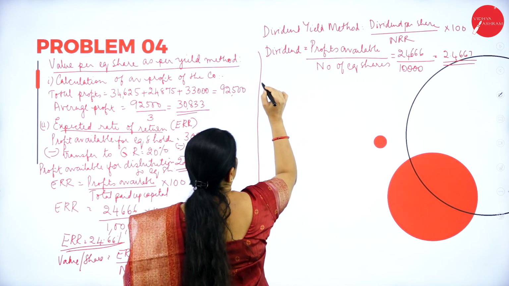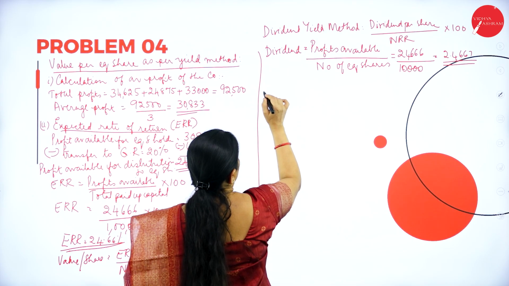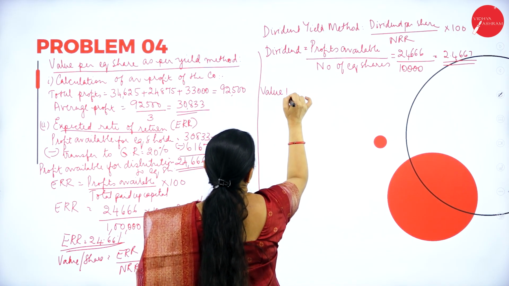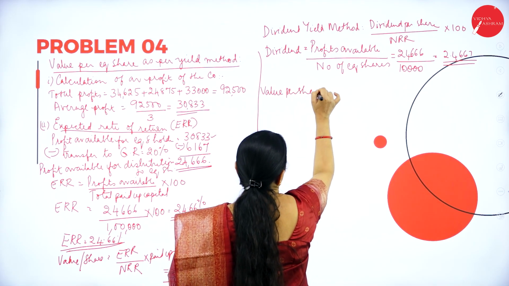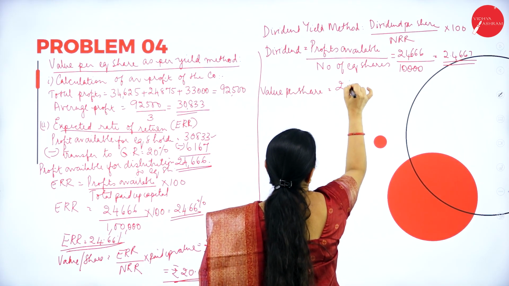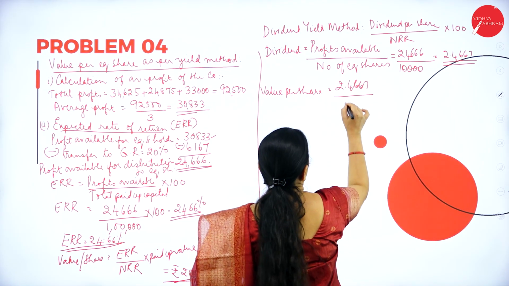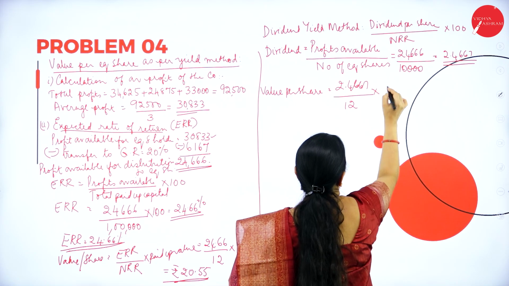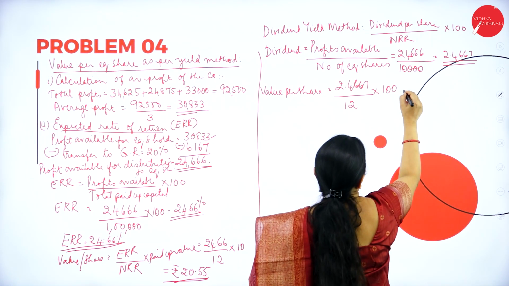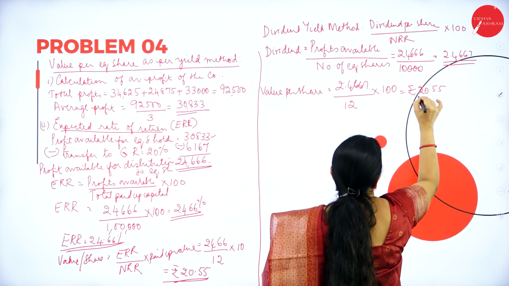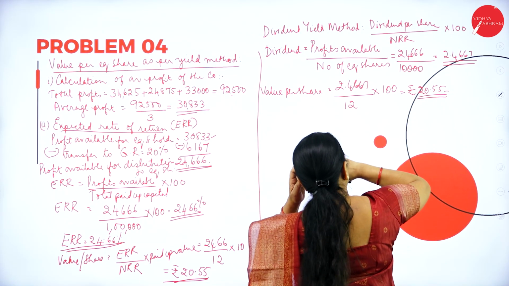Now the value per share equals 2.4667 divided by NRR 12 into 100. So this will be equal to rupees 20.55. This is the value per share.